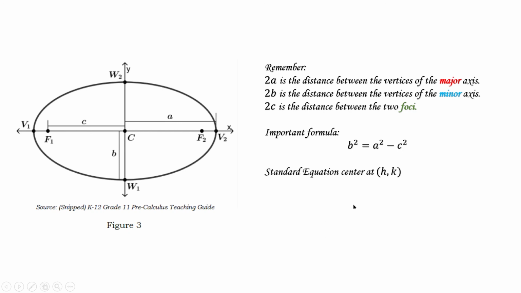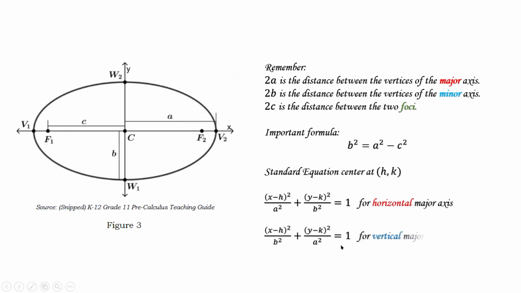And the standard equation, with center at (h, k): for horizontal major axis, we have the square of x minus h over a squared plus the square of y minus k over b squared is equal to 1. So this part is bigger than this part.